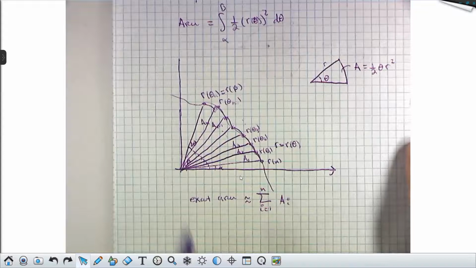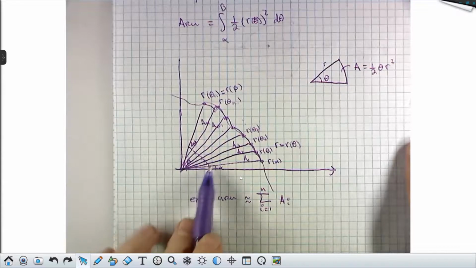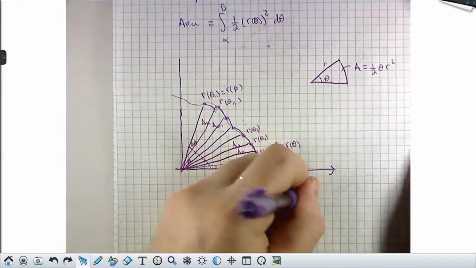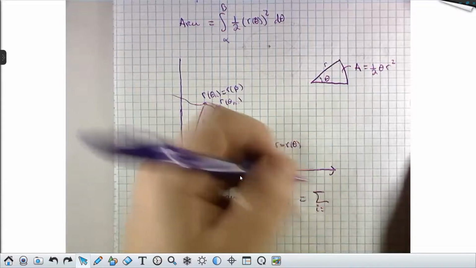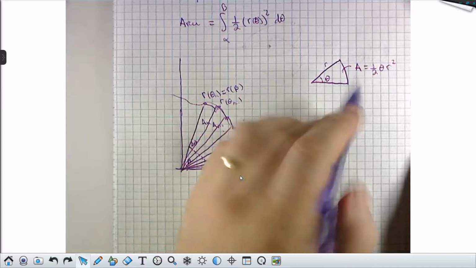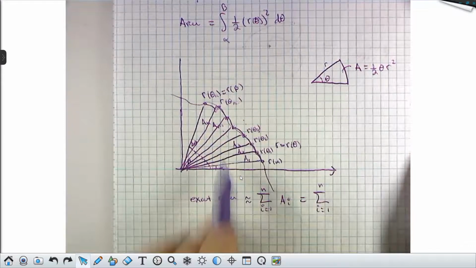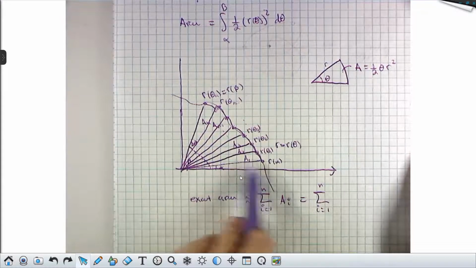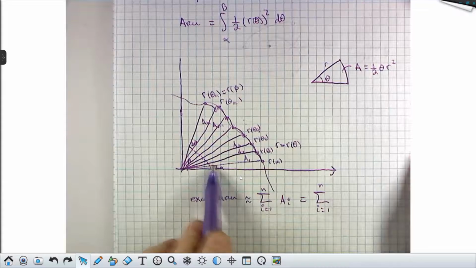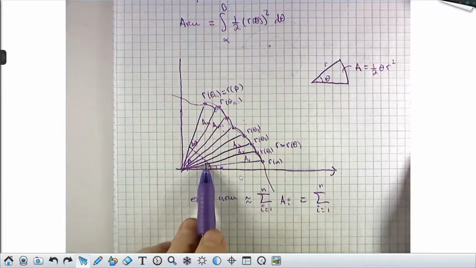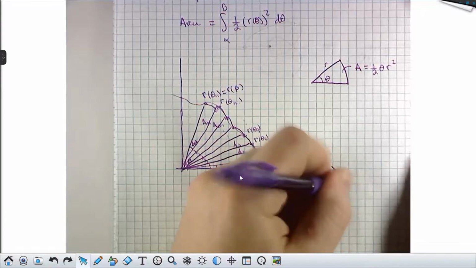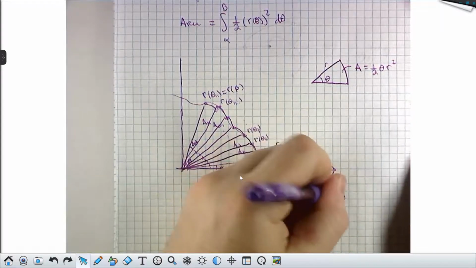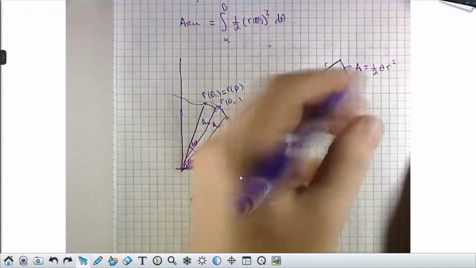Each of those little areas, remember, has an angle inside delta theta. So according to my formula for the area of a sector of a circle, each one of these little areas is the little angle delta theta times the radius there. So this is 1/2 delta theta times the radius there squared.